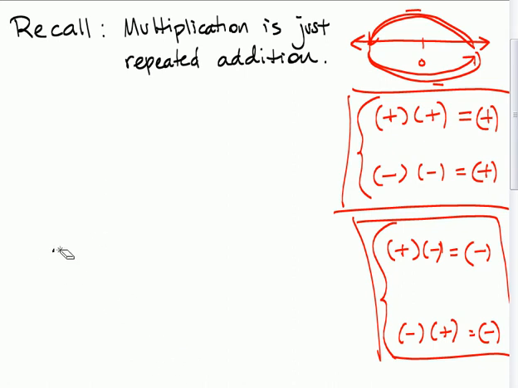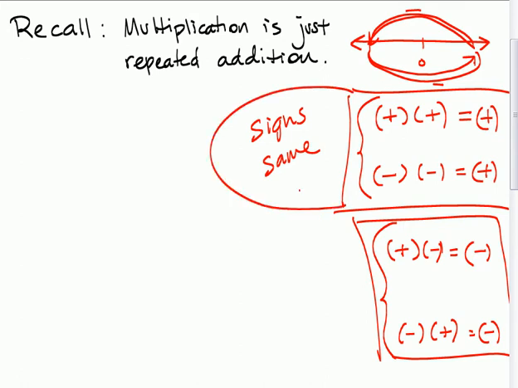Yeah, the signs are the same. And now remember, we're in multiplication now. Differs from addition. So when the signs are the same, and you're multiplying, your answer is going to be positive. So signs are the same, it's always going to give you a positive answer when you're multiplying.